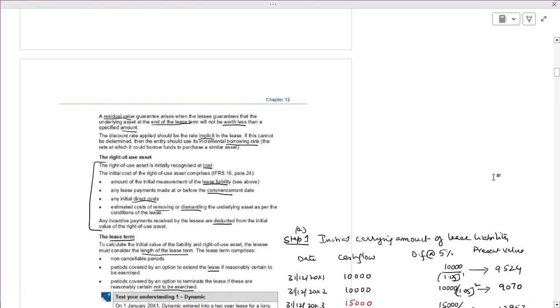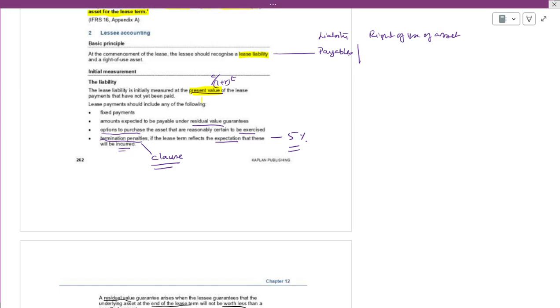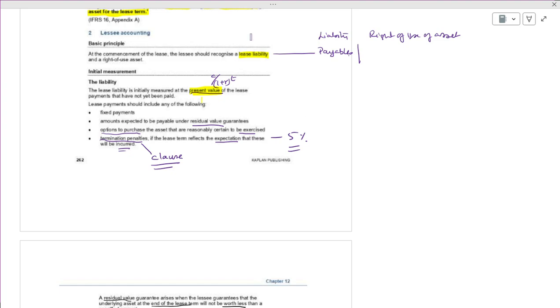Before I reach the first point, here it is. The lease liability is initially measured at what? Present value. The initial liability will always be measured at present value.